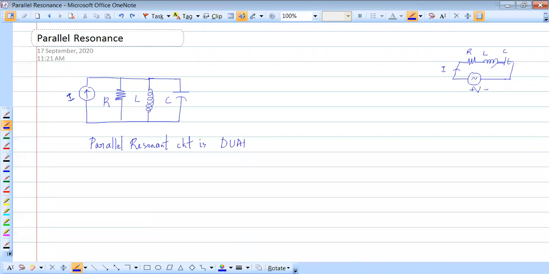Dual of series resonant circuit. What does that mean? What does it mean by saying dual?